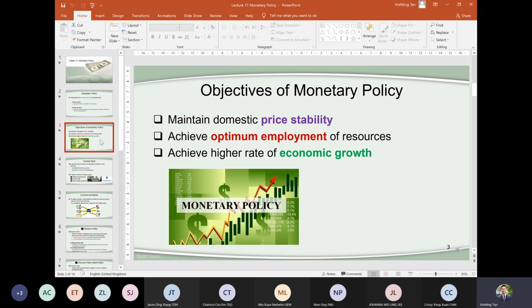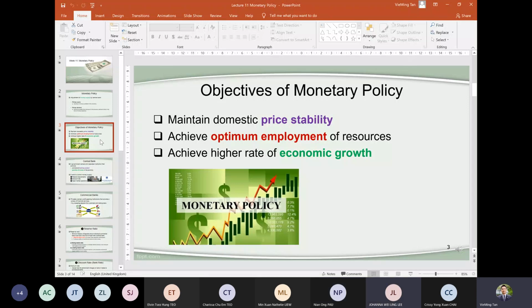Can you recall what the three major macroeconomics issues or problems that you already learned are? Anybody? Unemployment. Correct. So one is unemployment. That is one of the major macroeconomics issues that has to be addressed by the government in a nation or an economy.